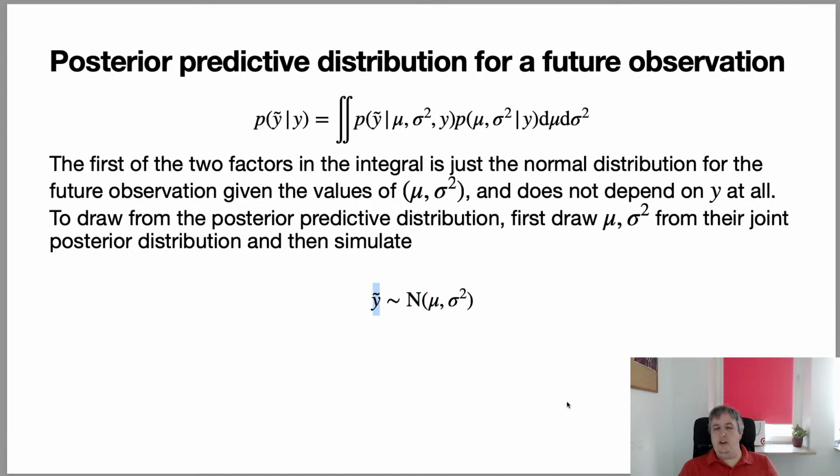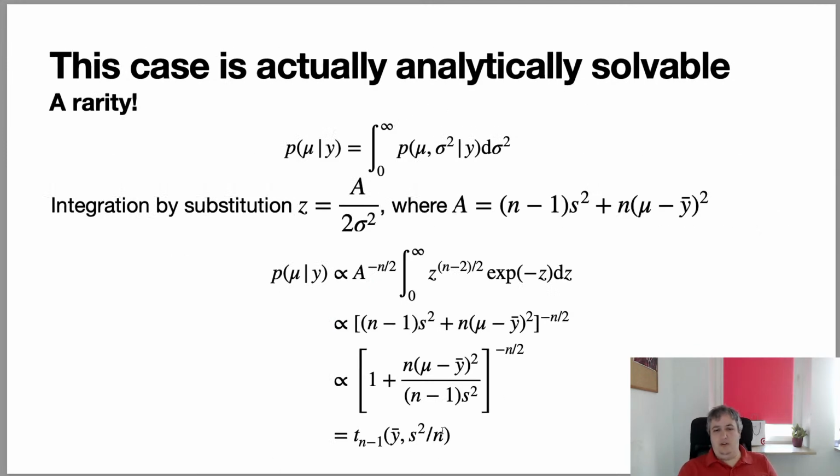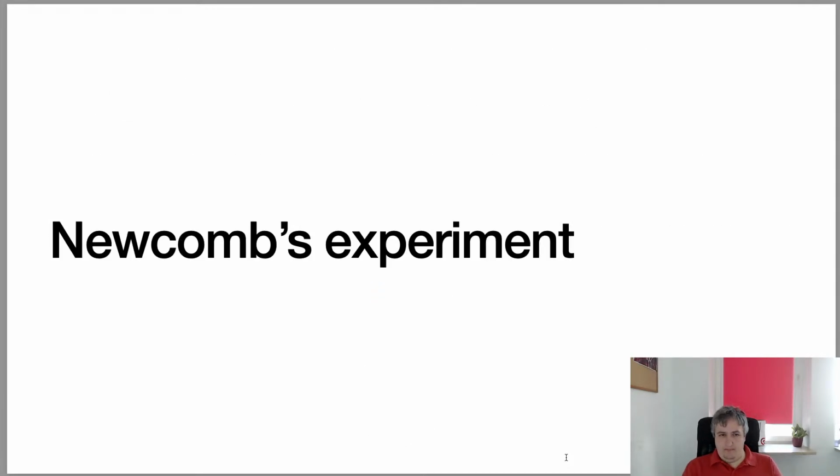So we get a posterior predictive distribution by propagating this data this way. And in this special case, it just will be used that we can sample means using the Student t distribution.